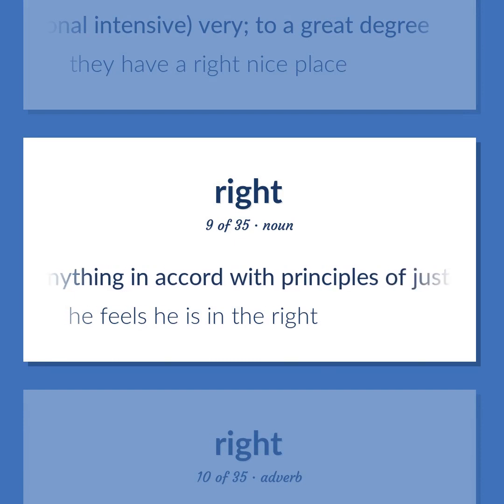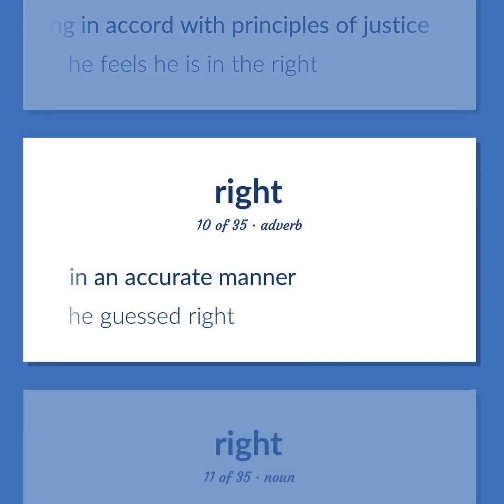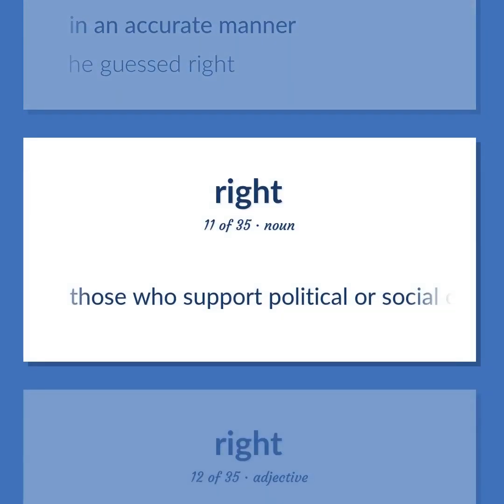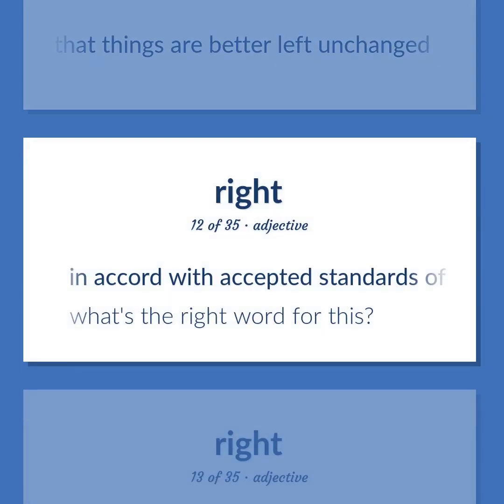Anything in accord with principles of justice. He feels he is in the right. In an accurate manner. He guessed right. Those who support political or social or economic conservatism. Those who believe that things are better left unchanged. In accord with accepted standards of usage or procedure.